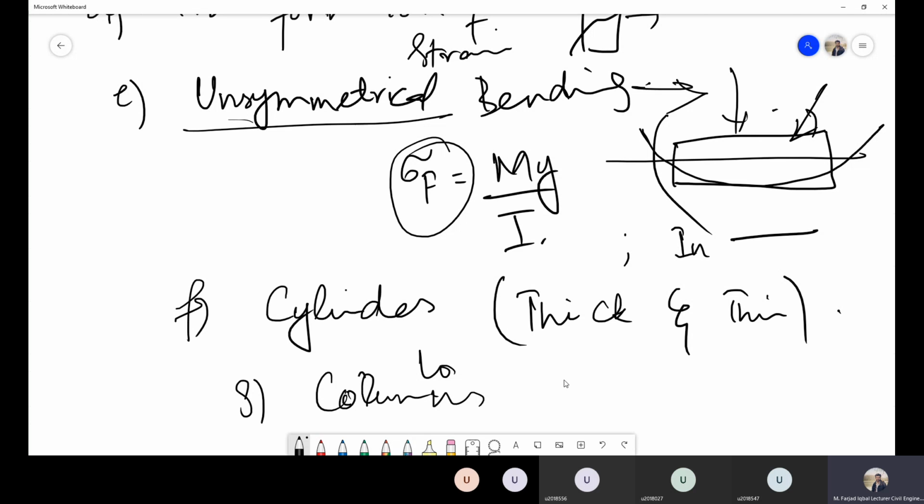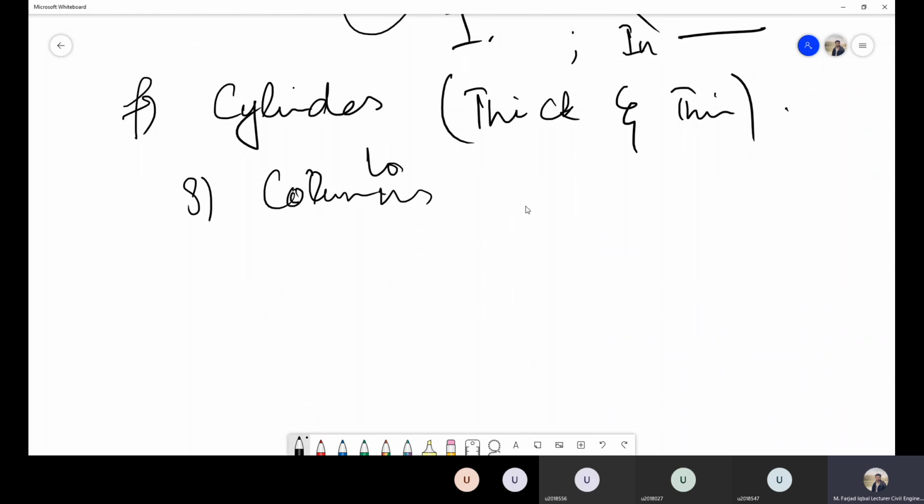Next thing is we will study columns. In MOS1, you have studied columns on which the loads are acting directly at the center. For example, if this is a column, then the load is acting directly on the center of this column. These are the centric columns.